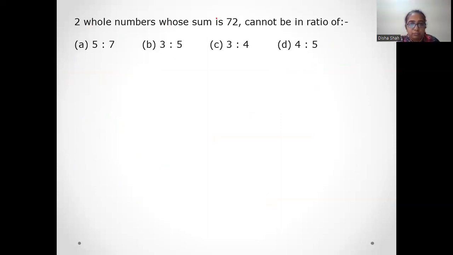Suppose 2 whole numbers whose sum is 72, 2 whole number है, मतलब let the whole numbers be a and b.